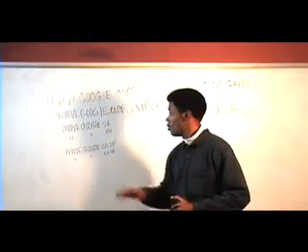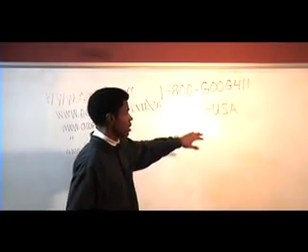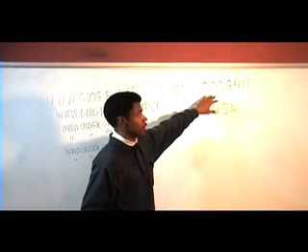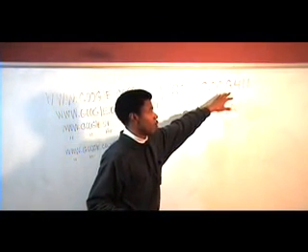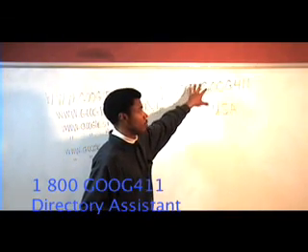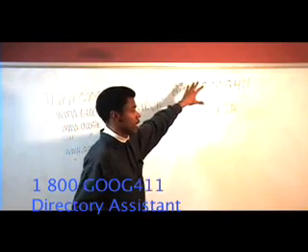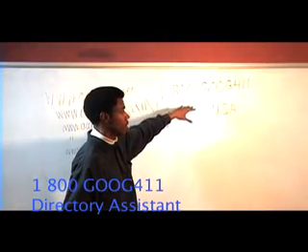We talked about namespaces. We talked about 1-800-GOOG-411 to call. That's to get telephone numbers anywhere in the United States, in Canada, or down below us in South America.